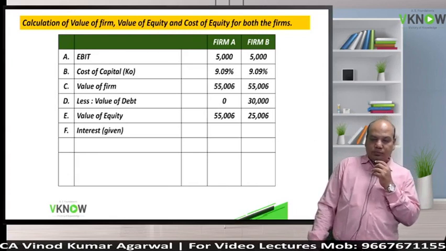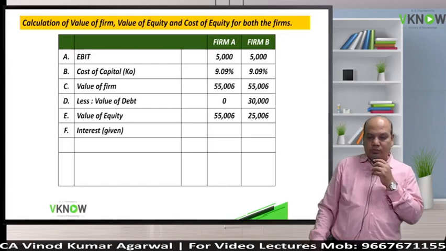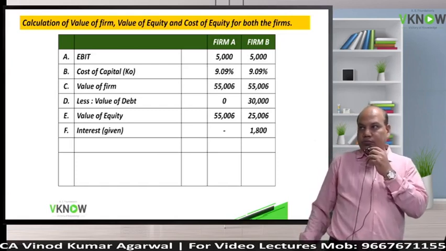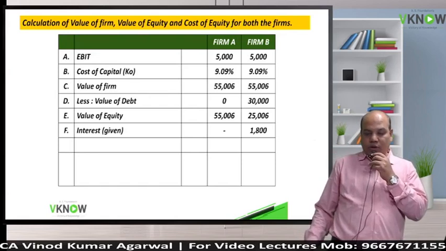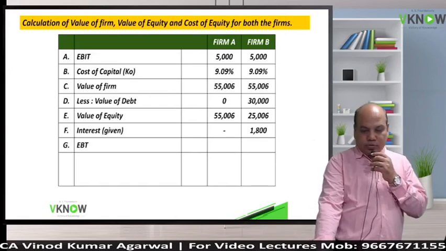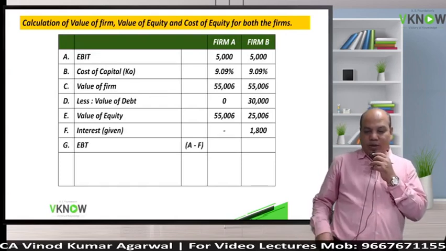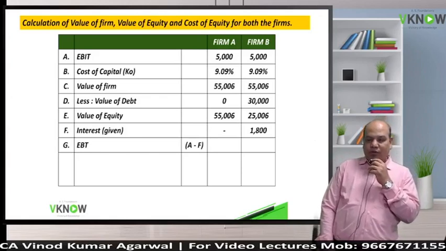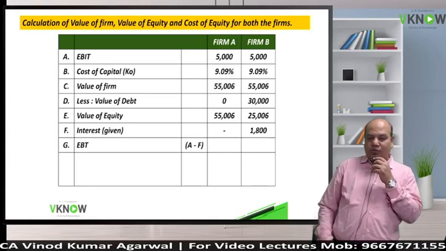Interest. How much is the interest given to you? Interest is given in the problem. Please search. 0 and 1800. So then write down EBT, A minus F. EBIT is 5,000. Interest is first column 0.